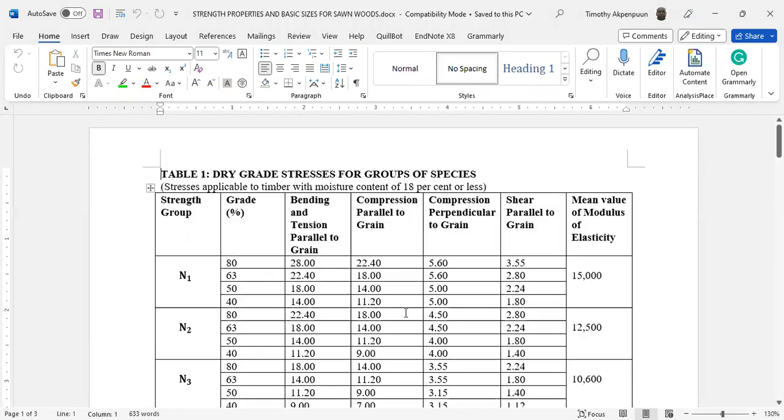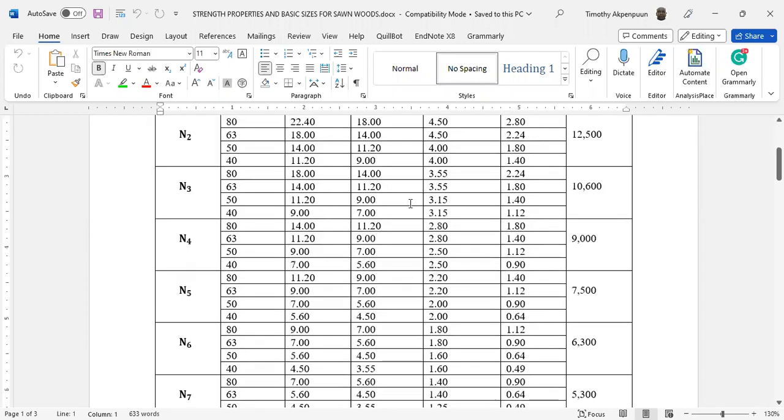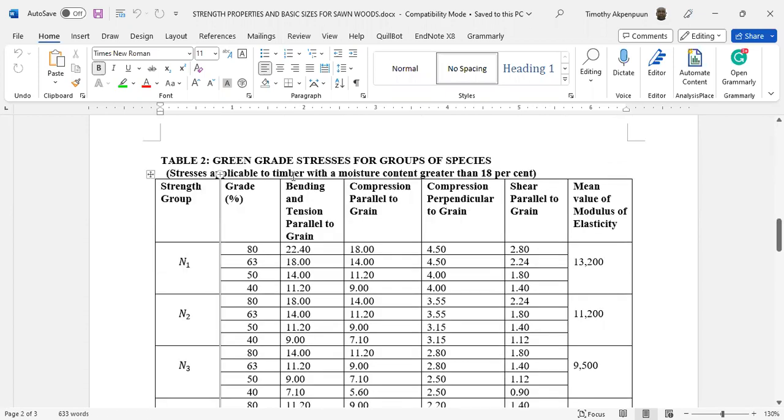Okay, very good. You can see the table, right? Yes, sir. Yes, we have this table. There are 2 here. This one, table 1, says what? Dry grade stresses for groups of species. And this other one says wet, green. Green means wet grade. Look at the moisture content.